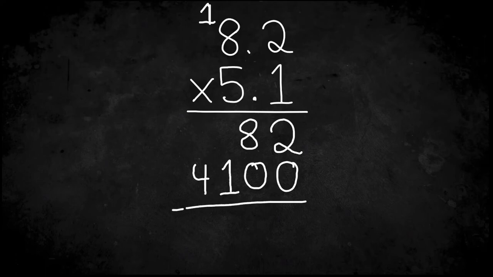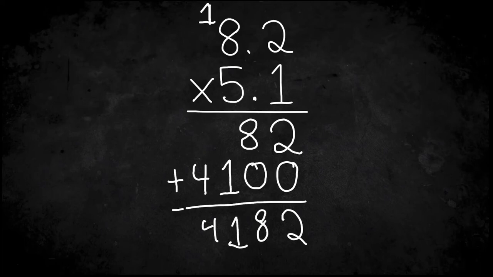Now we add. 2 plus 0 is 2. 8 plus 0 is 8. We just bring down the 41. So we have 2 digits on the right side of the decimal in this equation. So we count 1, 2, then the decimal goes right here.